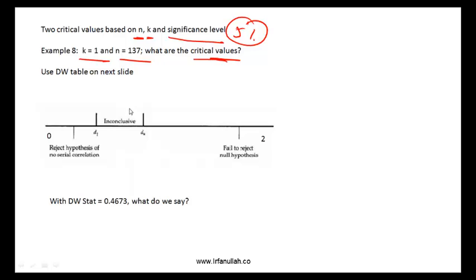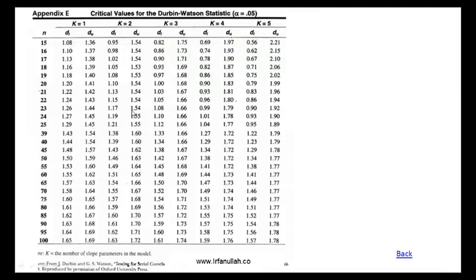So for this, you need to look up the DW table, which looks something like this. You will be given the level of significance 5%. That's the default. In our case, we had K equal to 1. And you have N. What was N equal to? 137. But this table only goes to 100. So notice we have K equal to 1. And then we have 2 numbers, DL and DU.